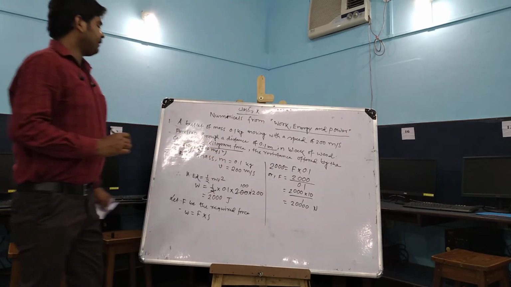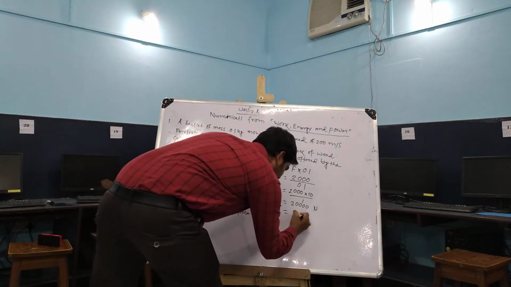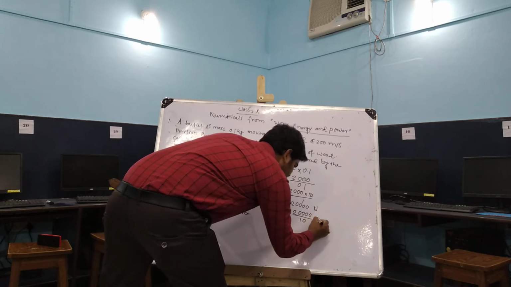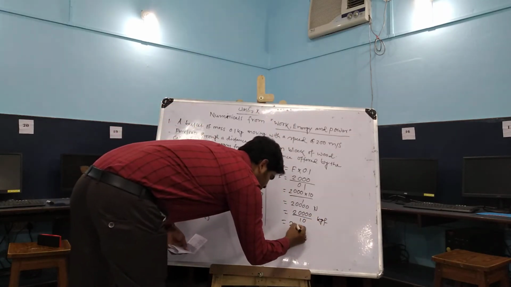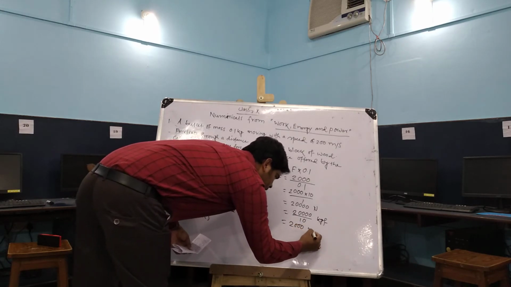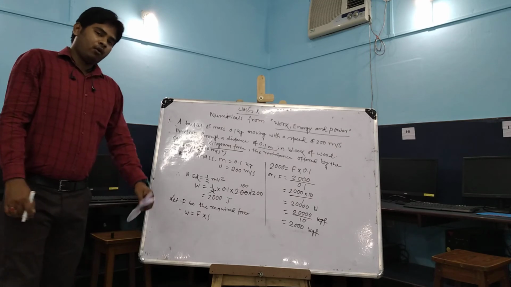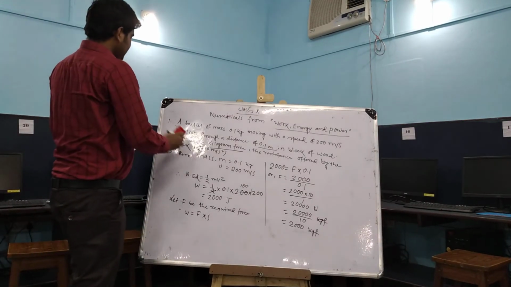So we divide 20,000 by 10 and we get the force in kgf. So 2000 kgf is the resistance offered by the block. This is the solution of that question. Now the next one.